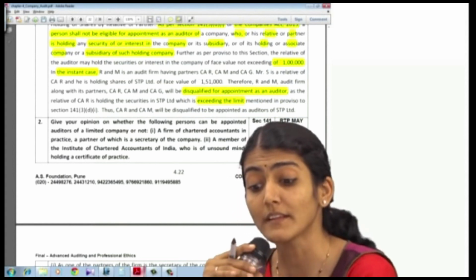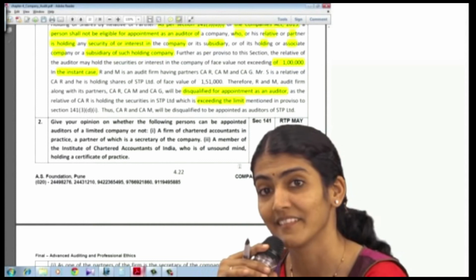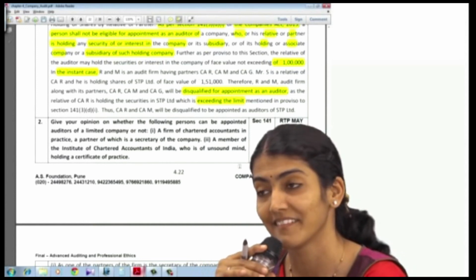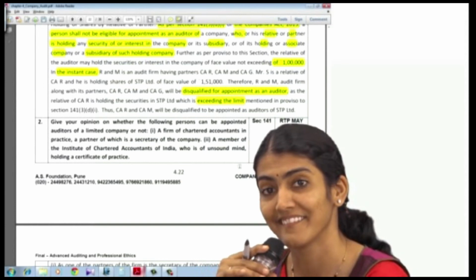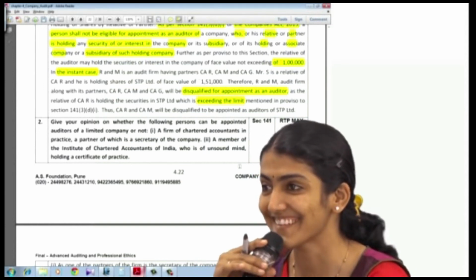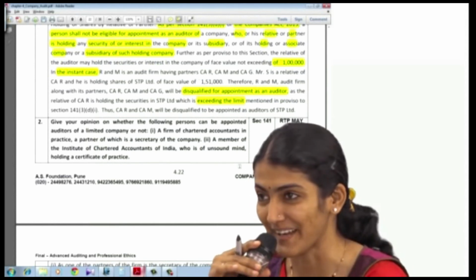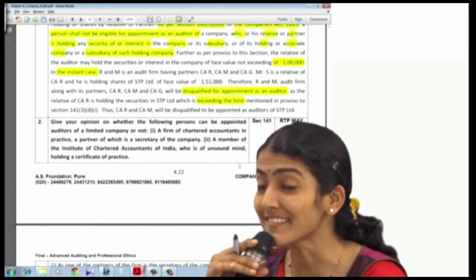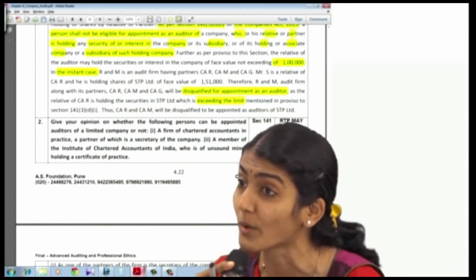A member of the institute who is of unsound mind but holding a COP. Is he disqualified? He is qualified. Because what does it say? Unsound mind and stands so adjudged by a competent court.